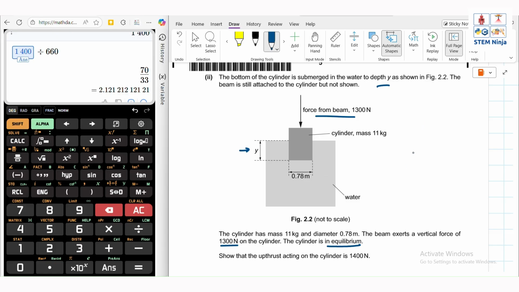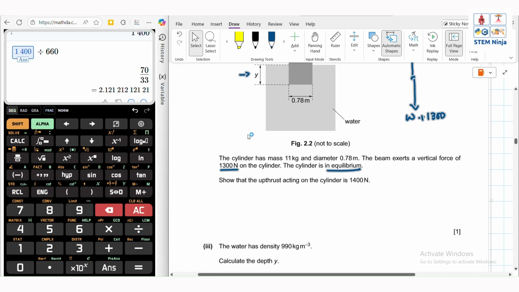How can we know that? This is the upthrust acting upwards. We have weight acting downwards and the 1300 Newton force. So these forces are balanced.